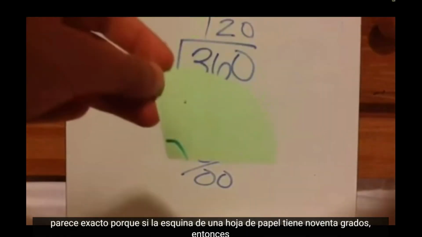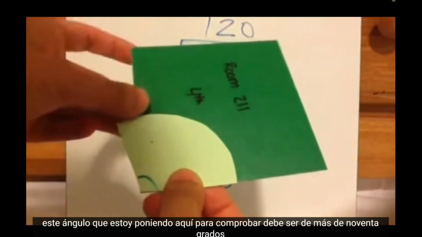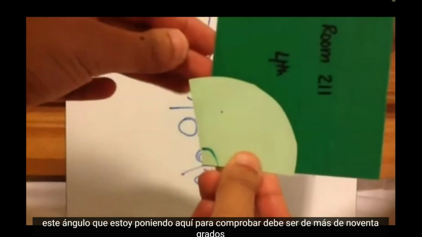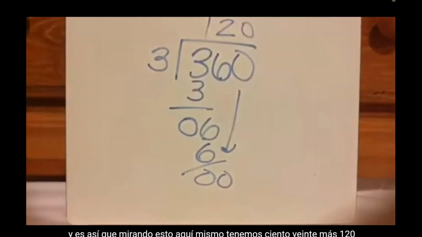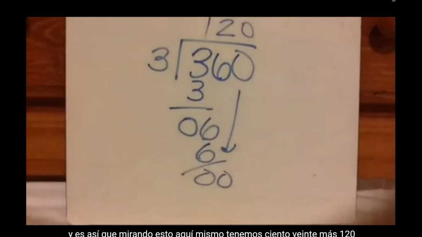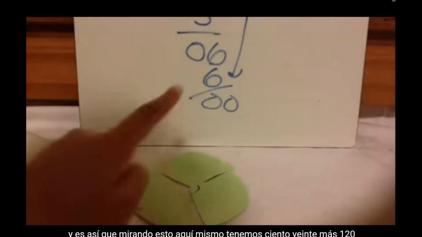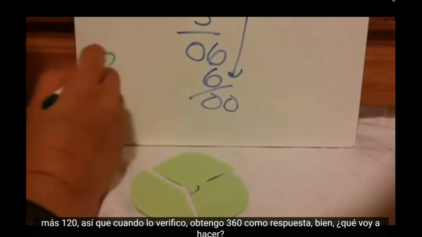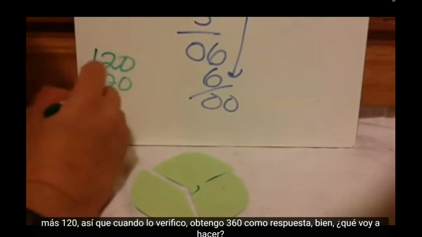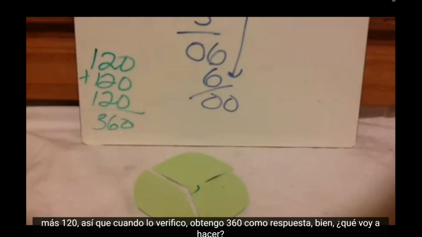And that seems accurate because if the corner of a piece of paper is 90 degrees, then this angle that I'm putting over here to check should be more than 90 degrees, and it is. So looking at this, we have 120 plus 120 plus 120. When I check it, I get 360 as my answer.